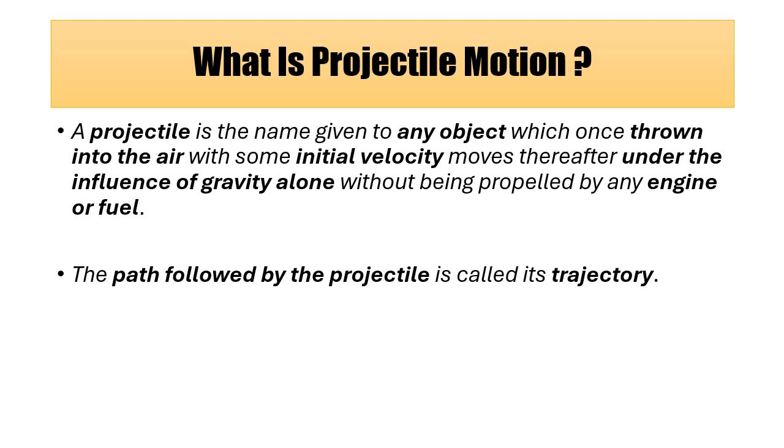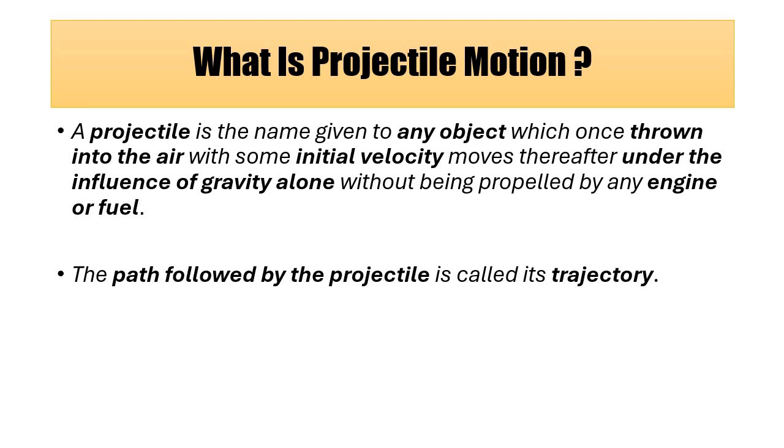Anything which is thrown high into the air follows a certain path, and that path has a certain shape. Actually, it's not one factor, there are two factors which influence the motion of that object in the air.